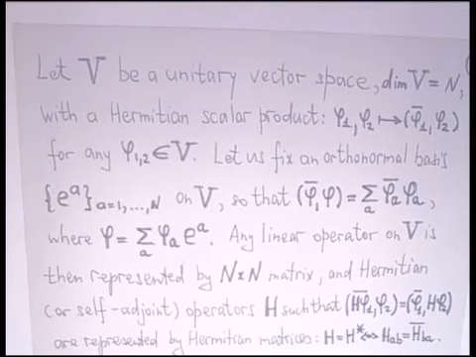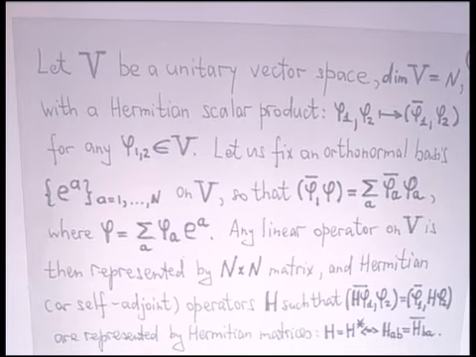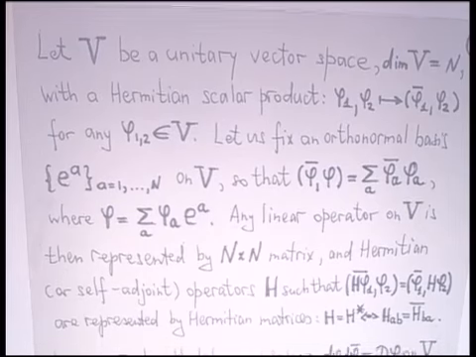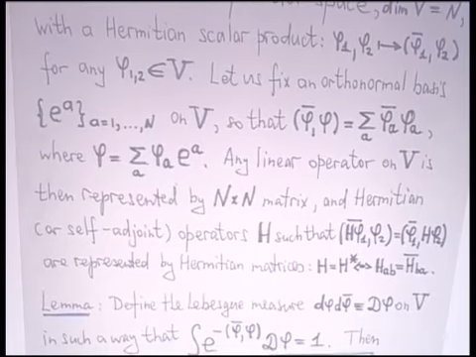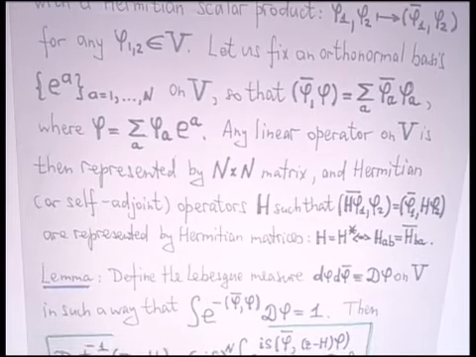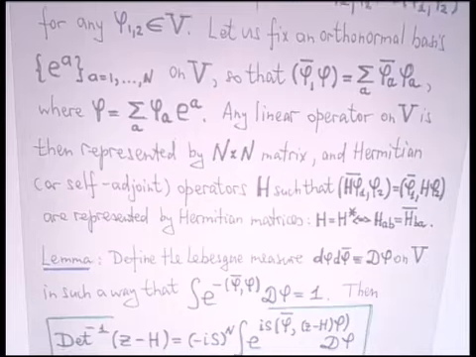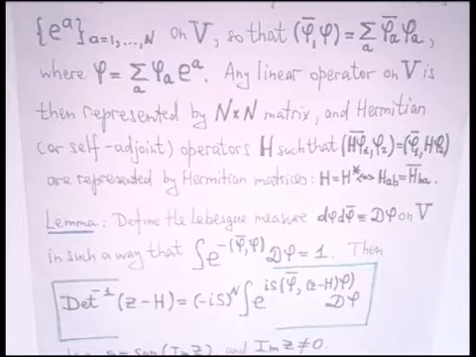So this comes with a Hermitian scalar product or inner product, as Leonid called it, which associates a complex number with a pair of vectors in this space.